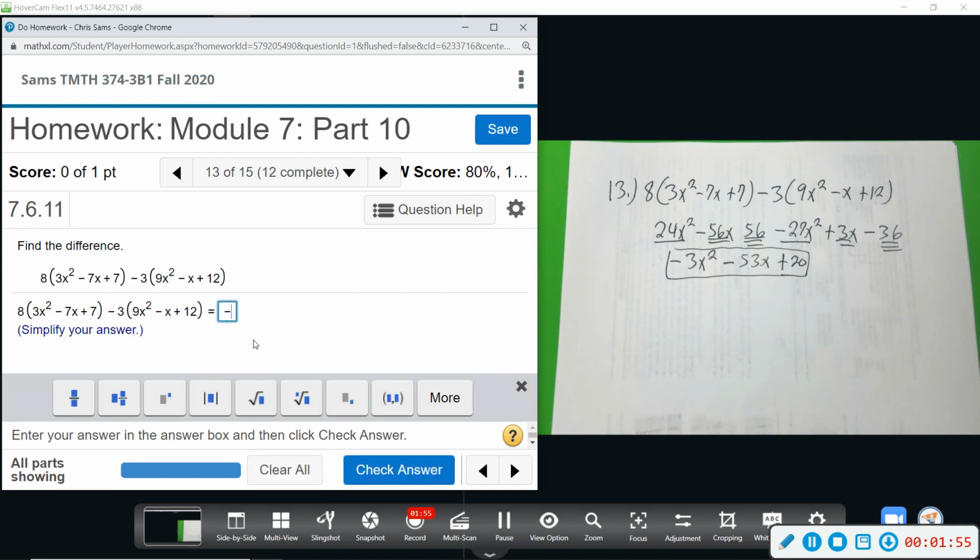So we get negative 3x squared minus 53x plus 20.